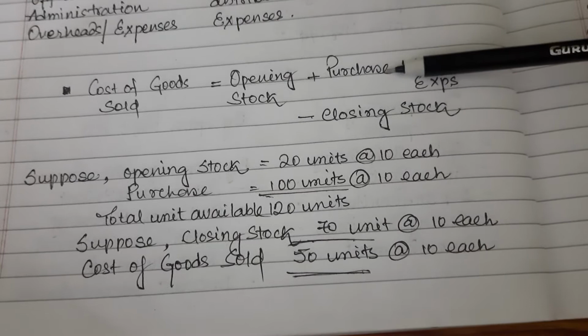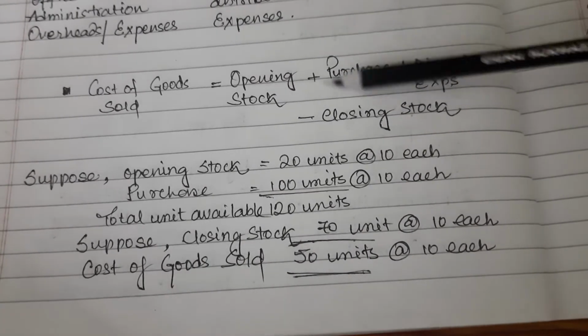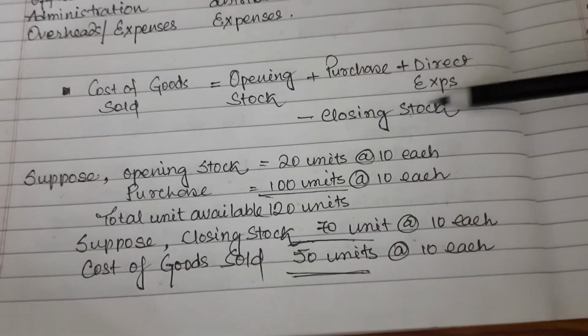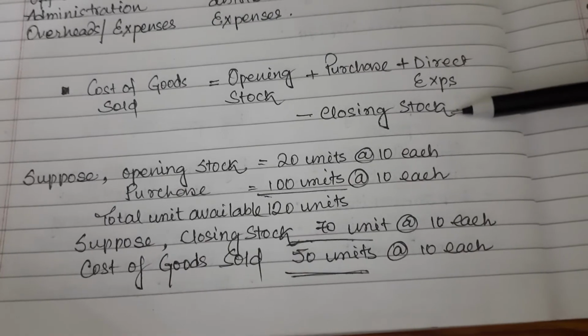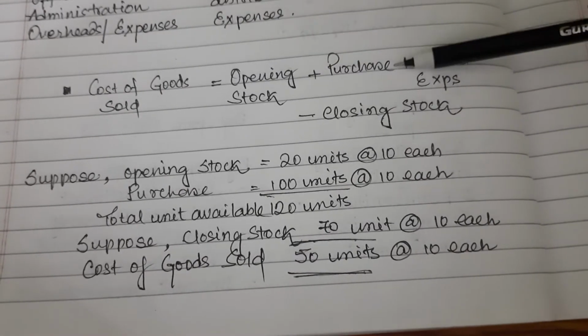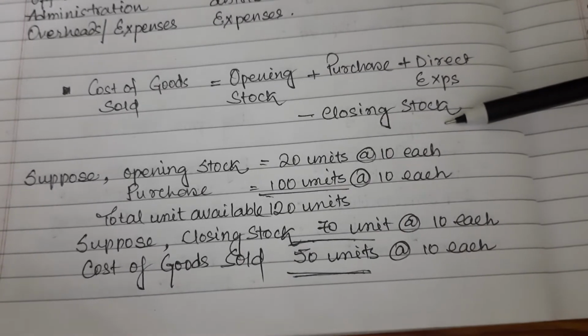These we have purchased, and while purchasing you paid some expenses. Those are direct expenses. And this is our total stock. If some of the stock is lying in godown, you haven't sold it this year, so you have to deduct that. Now cost of goods sold equals opening stock plus purchase plus direct expenses less closing stock.